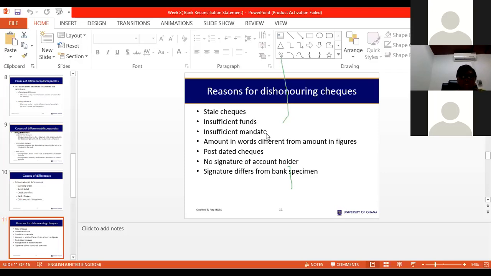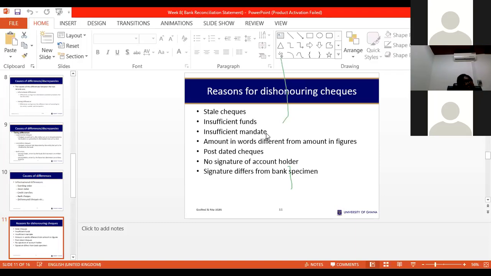Amount in words different from amount in figures. Most often, when amount in words is different from amount in figures, there is a problem. And so most banks may not honor it. Though sometimes people will suggest that you should pay the amount in words because that is what the person has intentionally written.